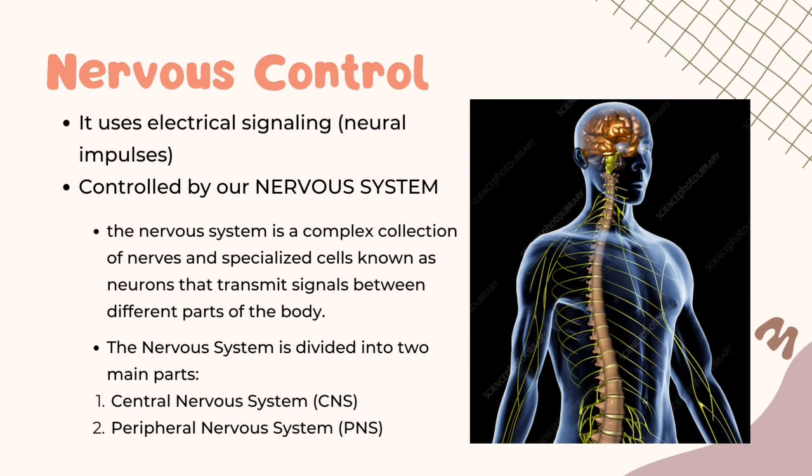Okay, so the nervous system is divided into two main parts. Primarily, we have the central nervous system or the CNS, and number two is the peripheral nervous system. What is the importance of the nervous system, aside from controlling our nervous control?